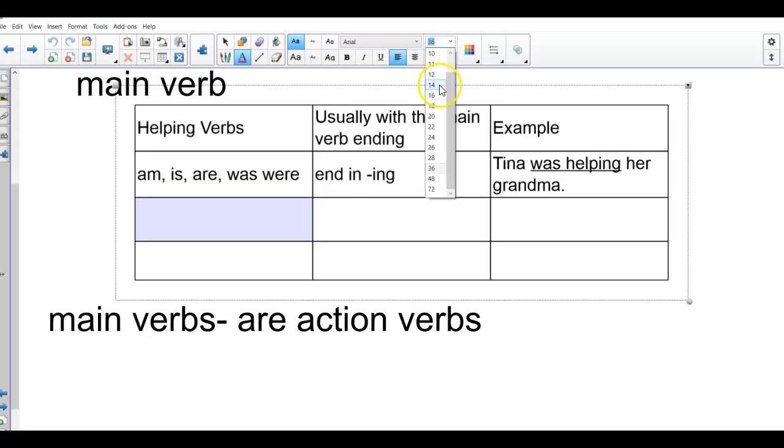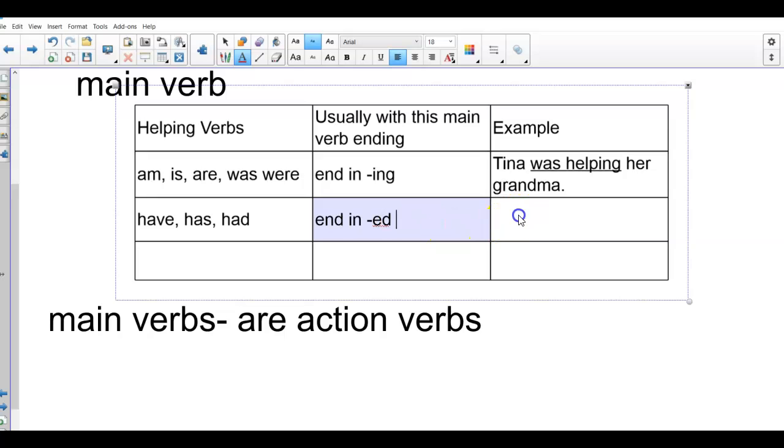So let's go down here. There are more helping verbs for us to go over. The next one would be have, has, had. And they are going to go with main verbs that end in ed. So, for example, they have the sentence, I have helped her.